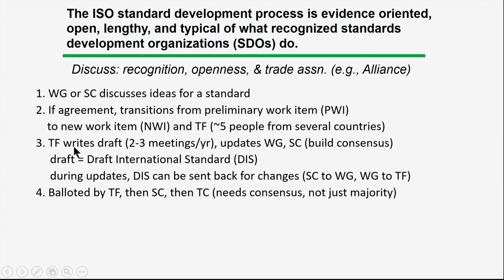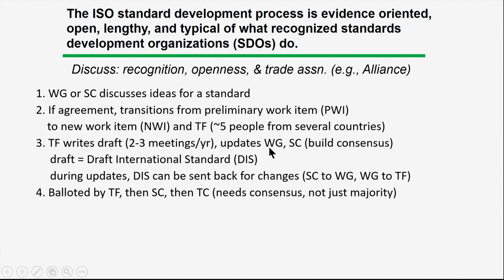So then that task force will meet face-to-face 2 to 3 times per year in some country, which will vary from time to time. They will also exchange emails between meetings. But really most of the real work happens during the meeting when they work face-to-face.